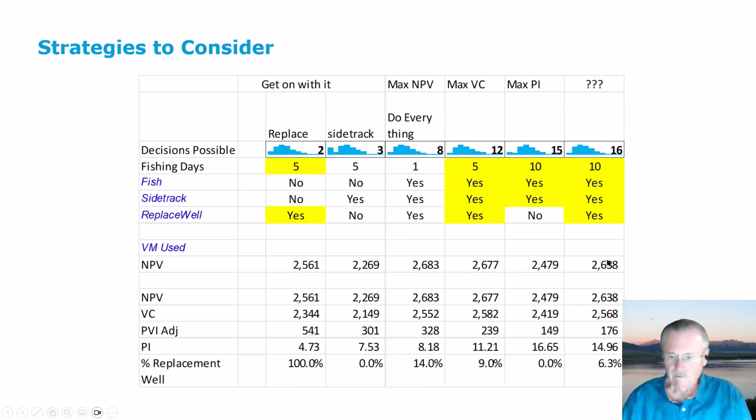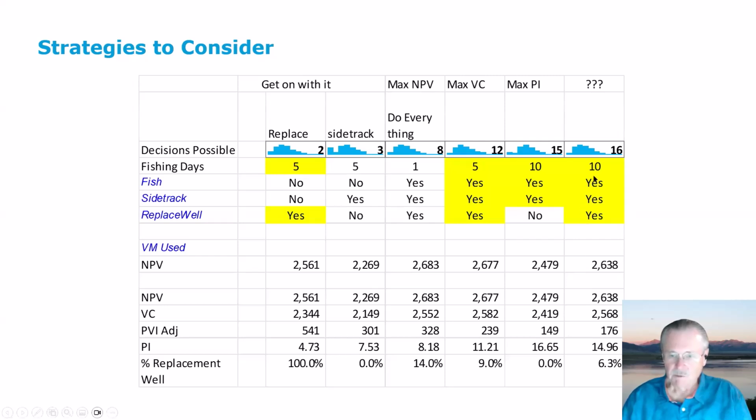I lose about, what, 40? 40 in NPV. But look at the change in capital. My capital versus the value creation is 40 plus 25, right? Lower. So I save a lot of capital.